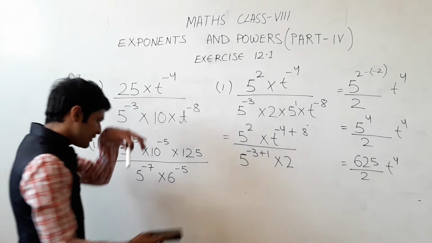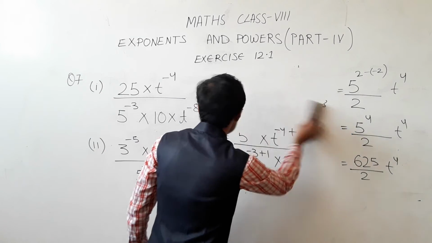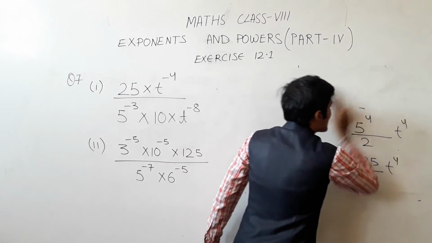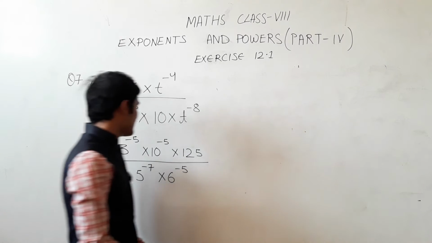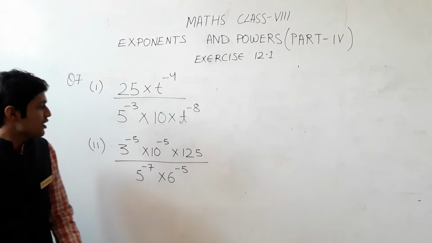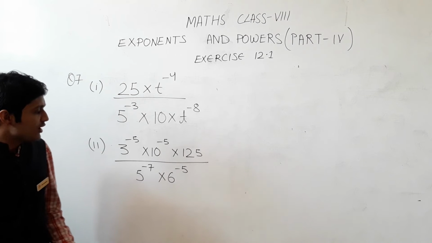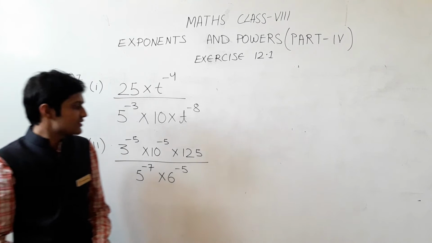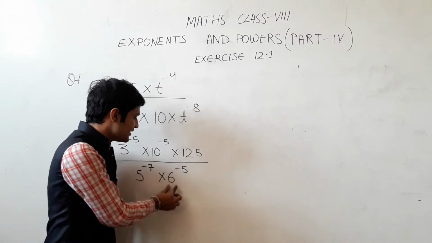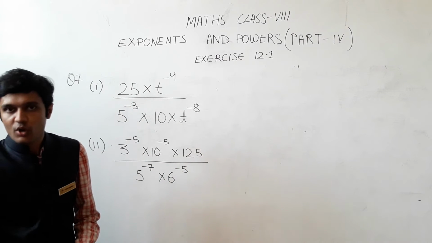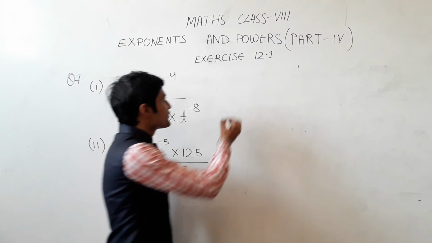Now the second part. In the second part, the question is 3 raised to the power minus 5 into 10 raised to the power minus 5 into 125. Again, firstly, you have to express these big numbers as the product of prime factors.